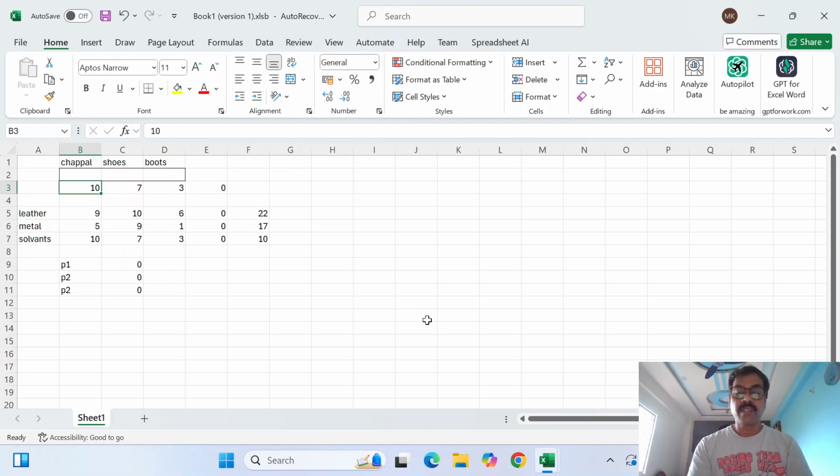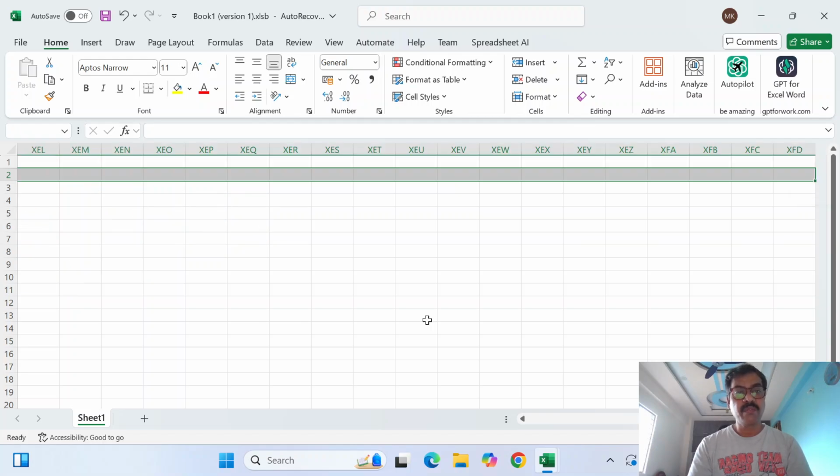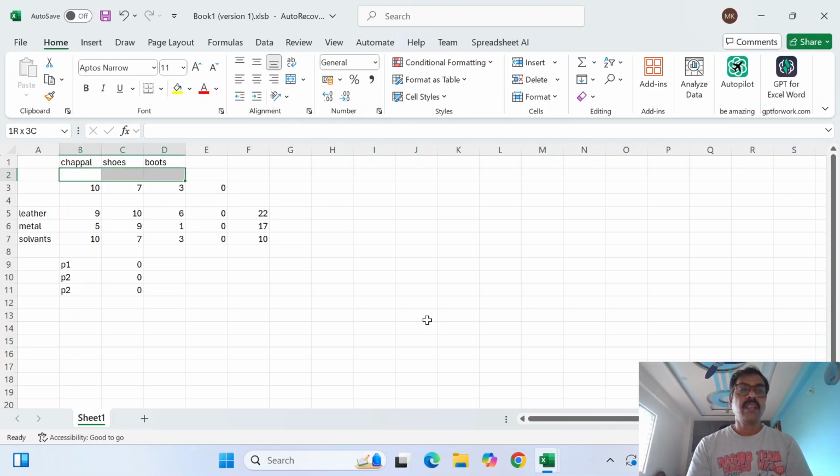Now what we are going to do is predict or find out the price for each of the products. So here these are my changing cells. Cells B2, C2, D2 are going to be the changing cells, and this is the maximization of the profit, which is in E3, and this is the total amount of resources that need to be utilized, less than or equal to the available resources.